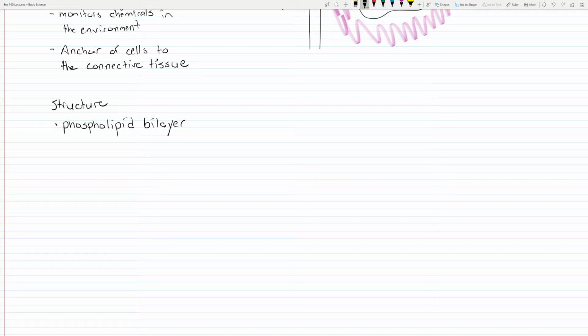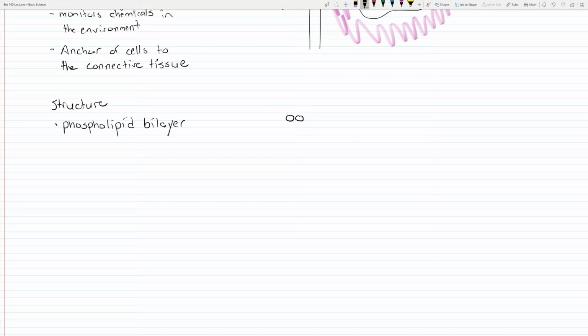It is a phospholipid bilayer. If you don't remember exactly what a phospholipid is, go back and look at the lipid lectures, where we go into more detail. Bilayer means two, and they're just phospholipids. It's arranged in such a way that the phosphate of this phospholipid bilayer faces the extracellular fluid and the intracellular fluid.